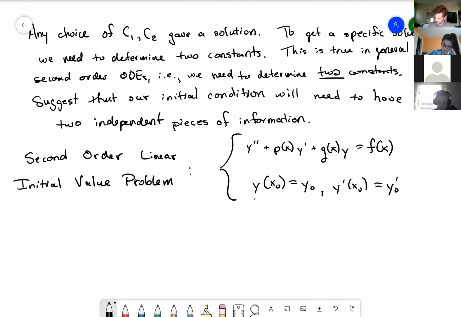So we get the function's value at a particular point and how that value is changing instantaneously at that point. And that gives us our initial value problem.